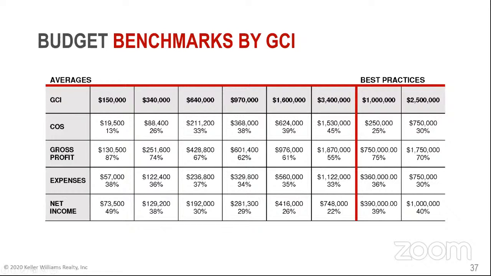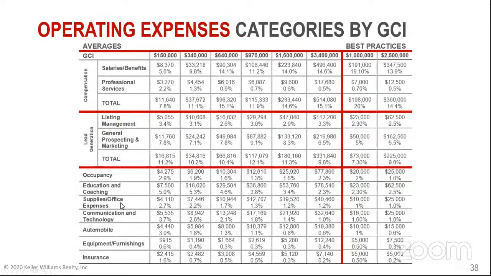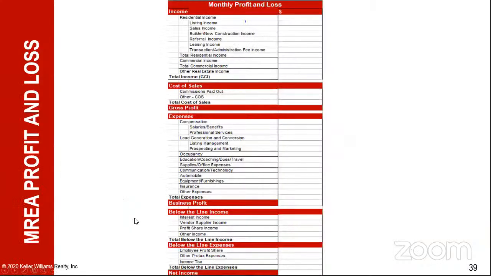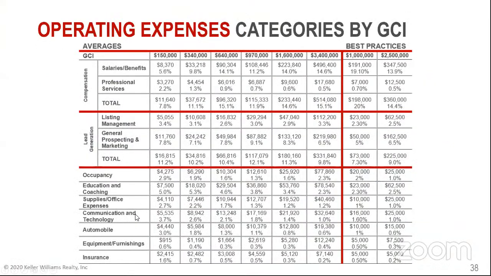So let's take a look at operating expenses. This is going to be the operating expenses broken down by those 9 buckets that we discussed, for 150, all the way up to 2.5. And it's going to be breaking down all throughout those categories.